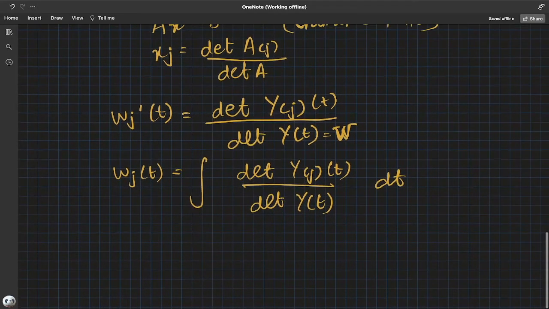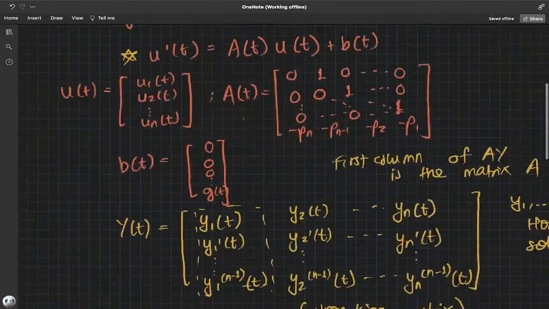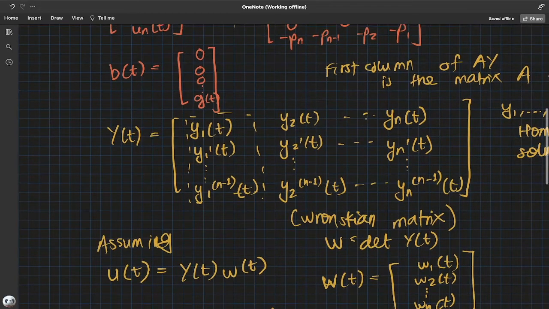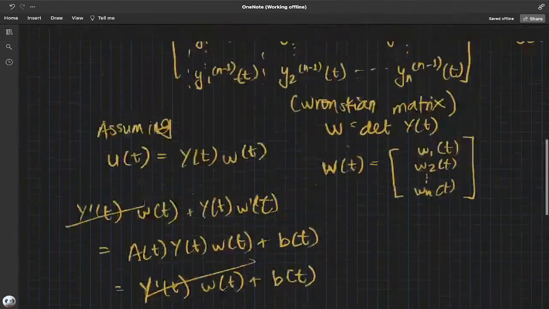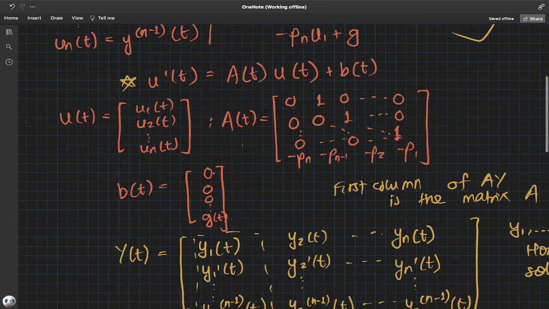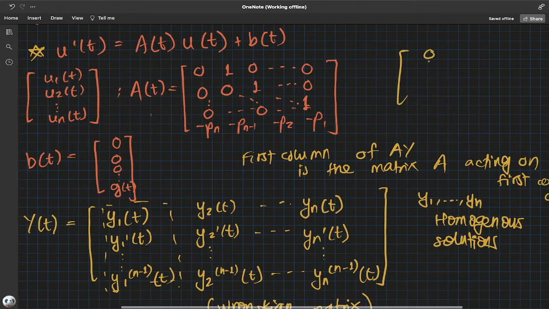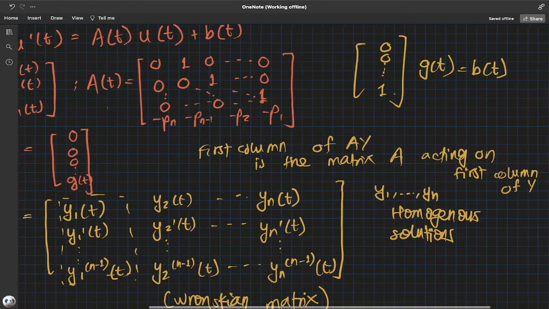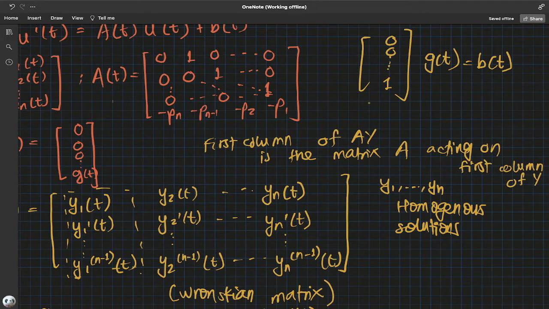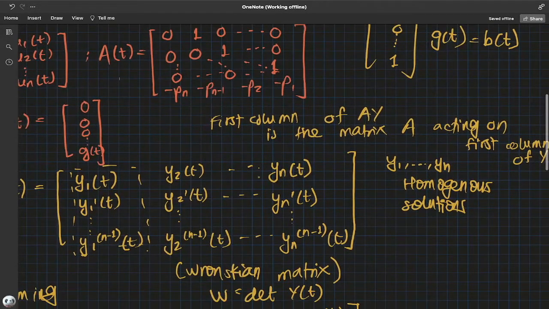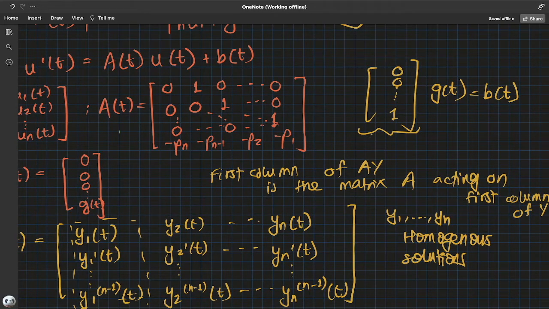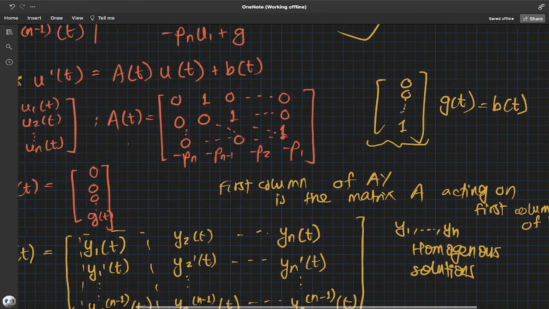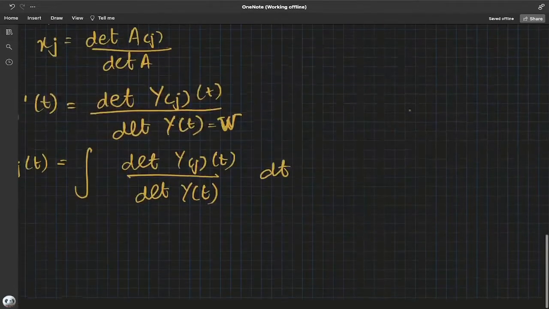itself, dt. What we can do is, notice Yj is just the matrix Y with the jth column replaced by B of t. Well, B of t is just 0, 0, and then 1 times g of t, right? That's what B of t is. Well, now what I'm gonna do is I'm just gonna replace the jth column by this identity, by this basis kind of looking vector, and we're going to multiply g outside separately.